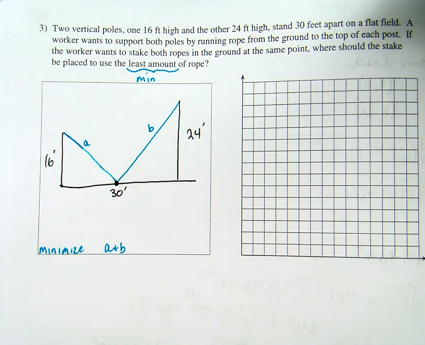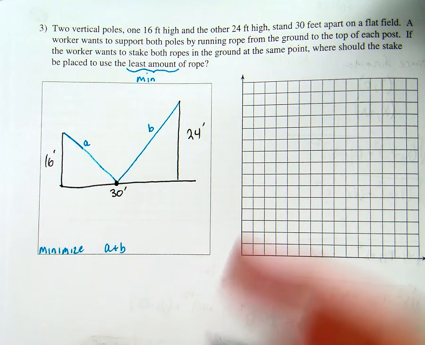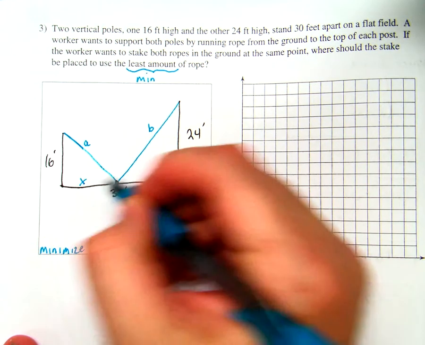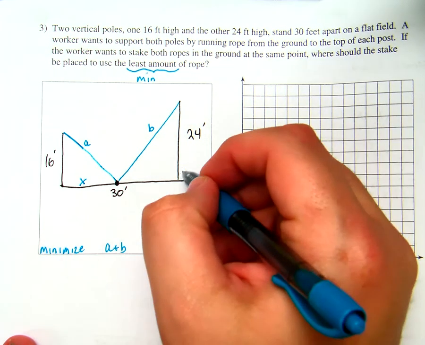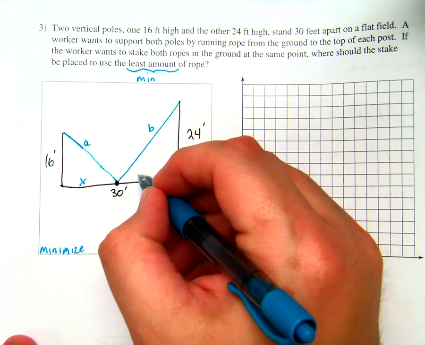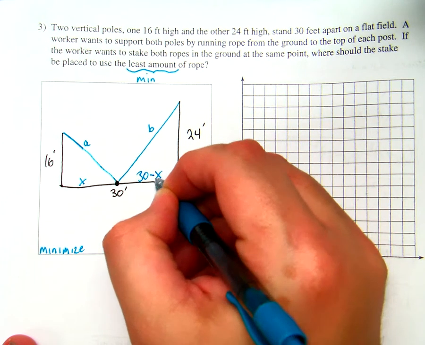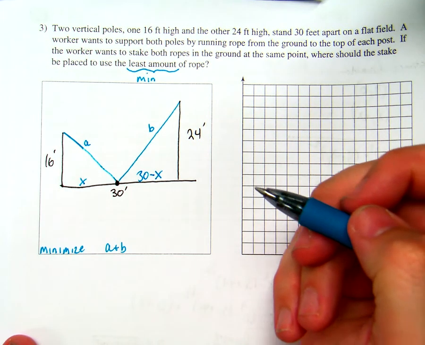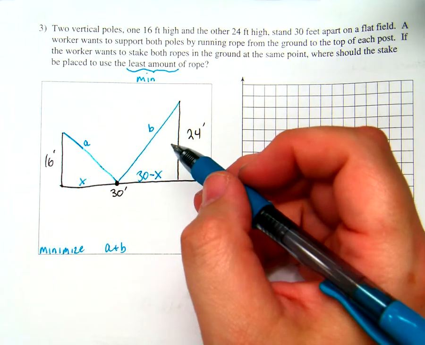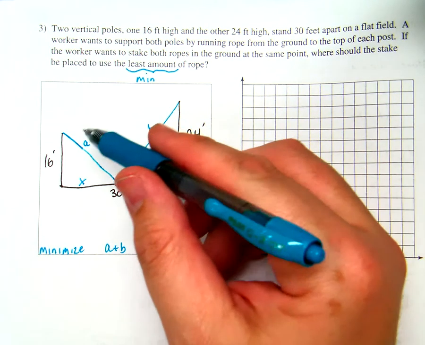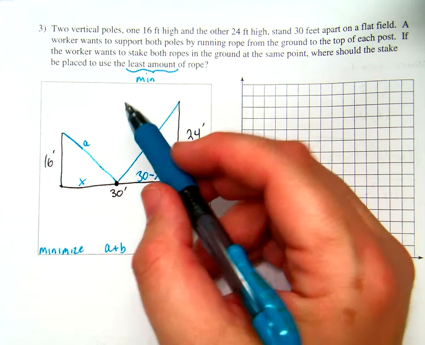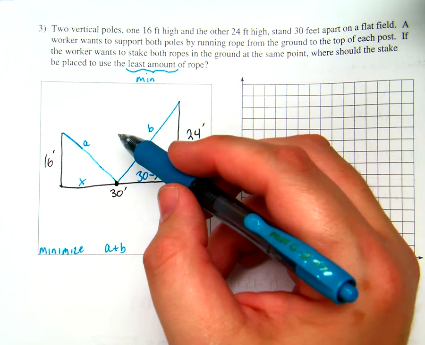You can do that. So I labeled the distance between the 16-foot pole and the point as x, and the distance between the point and the 24-foot pole, 30 minus x. And then you find the length of the rope, which is the distance between both of those, I think. I don't know, it makes sense on my paper. I don't know how to explain it, though.